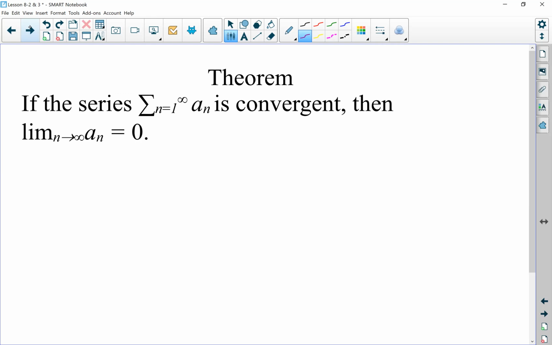We have to, at one point, not add anything anymore for the sum to be calculatable. Now be careful. What this does not say is if the limit as n approaches infinity of a sub n is 0, then the series is convergent. That is not true.